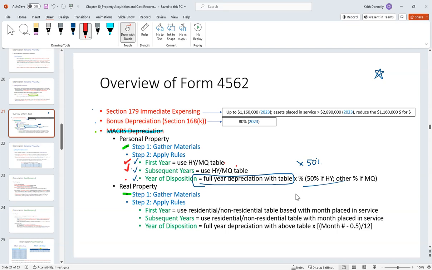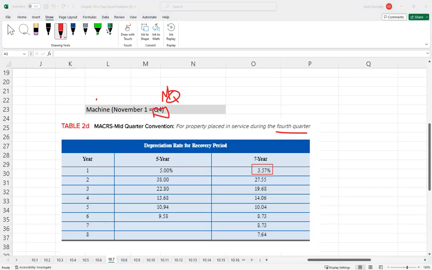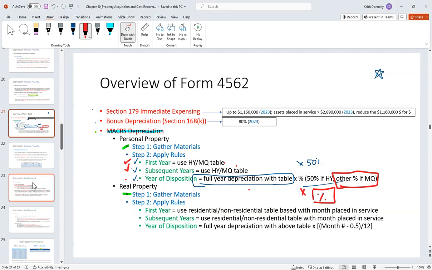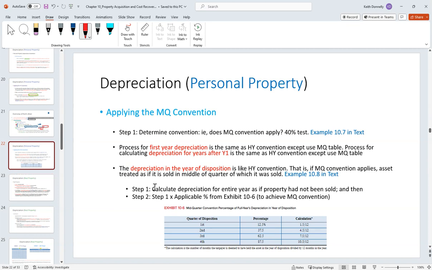Where it gets tricky is in the year of sale, right? So in the year of sale, you use the table, but what you multiply it by is a percentage from another table. And that's what this guy right here, right? How do you figure out what's going on in the year of sale?